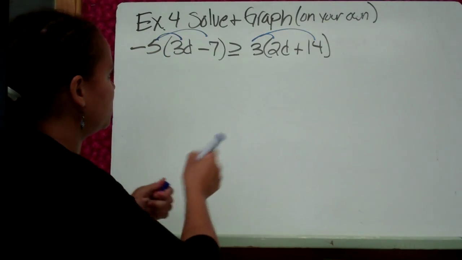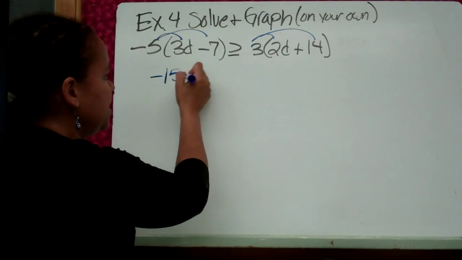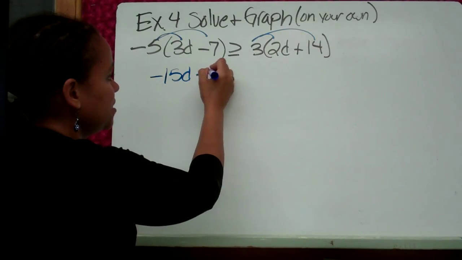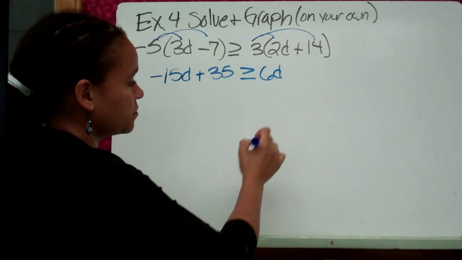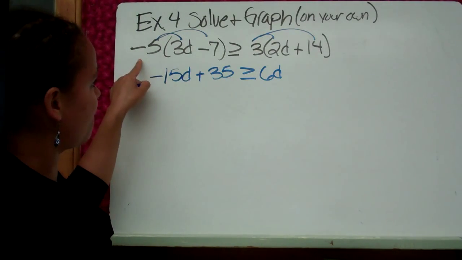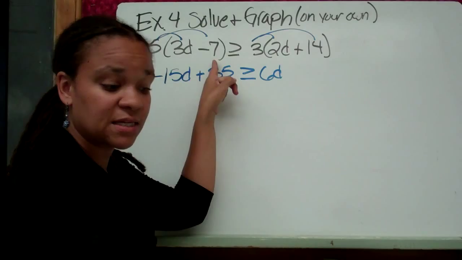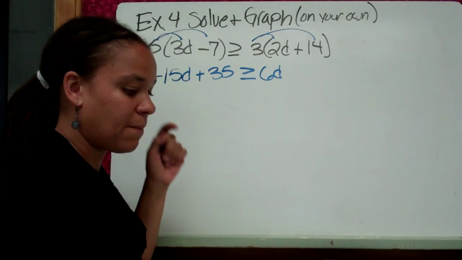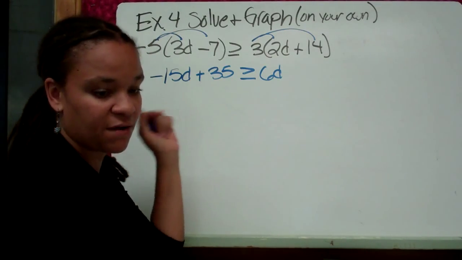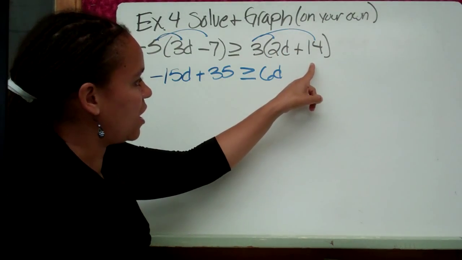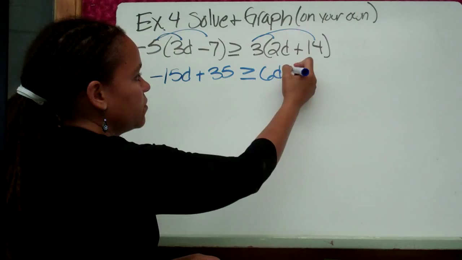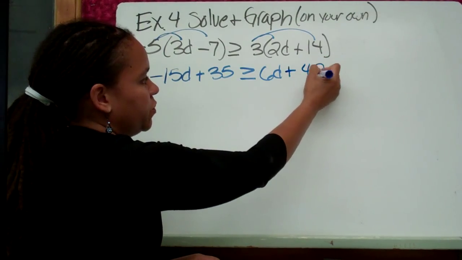So negative 5 times 3d, we have negative 15d plus 35, greater than or equal to 6d. And don't forget, notice I have the negative 5 times the negative 7. That's why we came up with the positive 35. Do not forget that negative. That'll mess you up each time. All right, and then the 3 times 14, so plus 42.